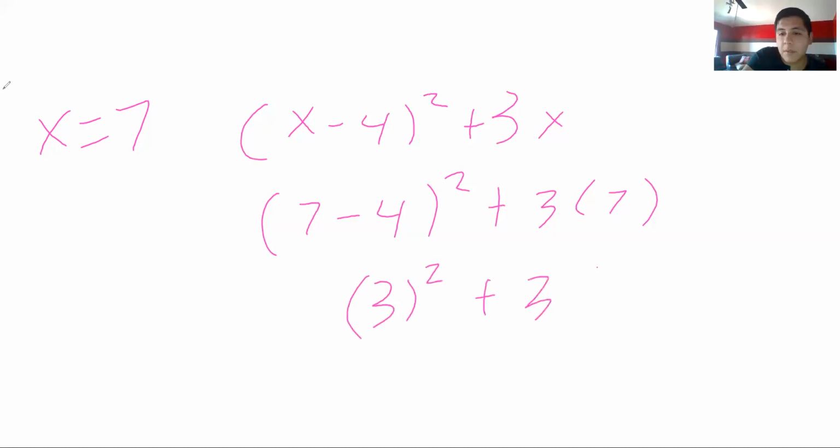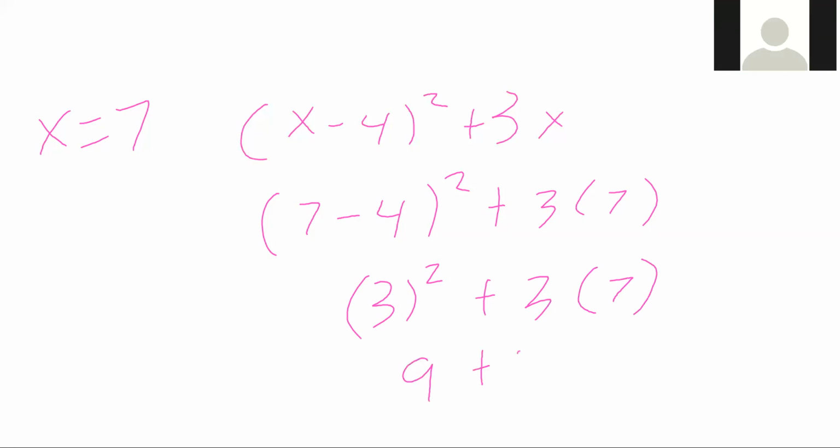All right, so what do we do next? The exponent. With our order of operations, we do squared, which is 3 squared, what? 9. All right, what's next?